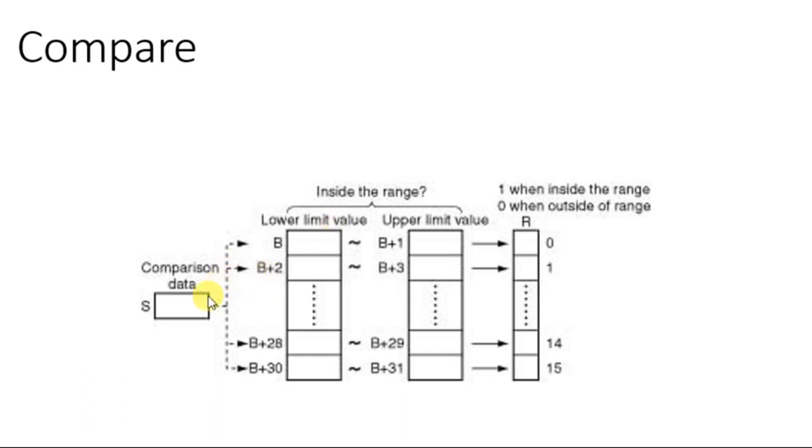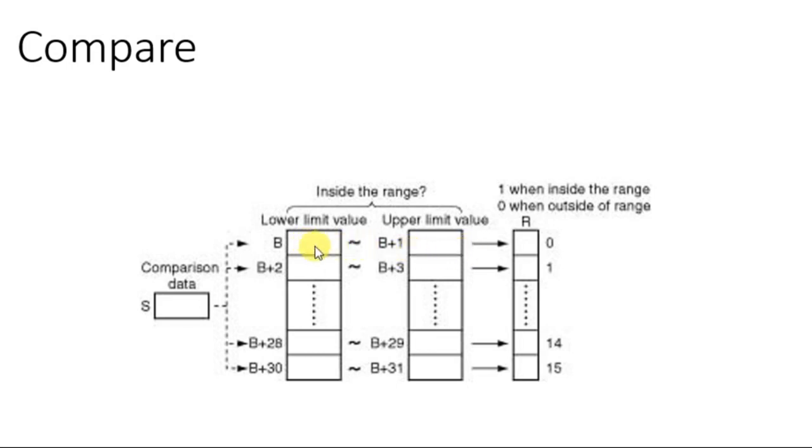So now what are we going to do? For example, you are going to have one value in the source and some value in B. Now what will B do? It will compare the value in S within the range B and B plus 1.